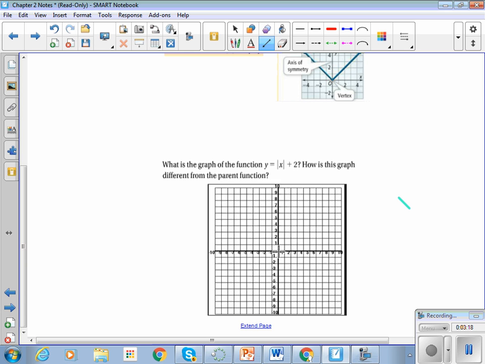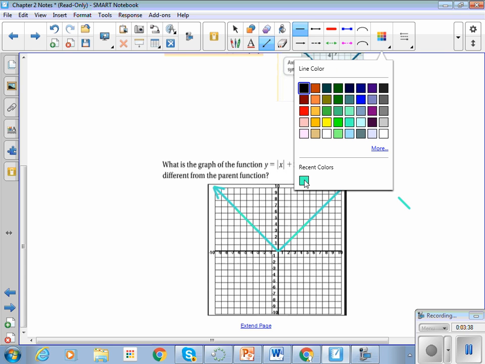So our parent function over here has a slope of -1, and over here has a positive slope of 1.